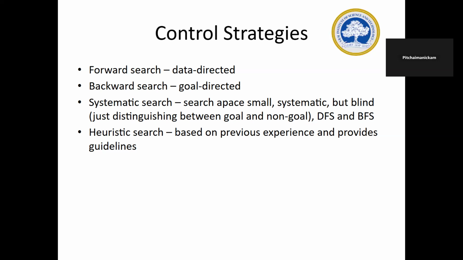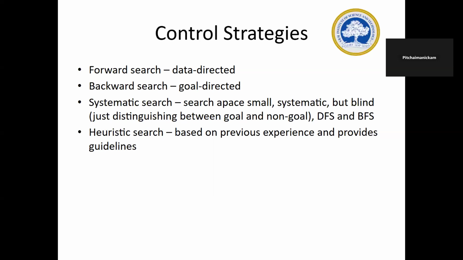Another one is the backward search. This is the reverse process of the forward search problem.